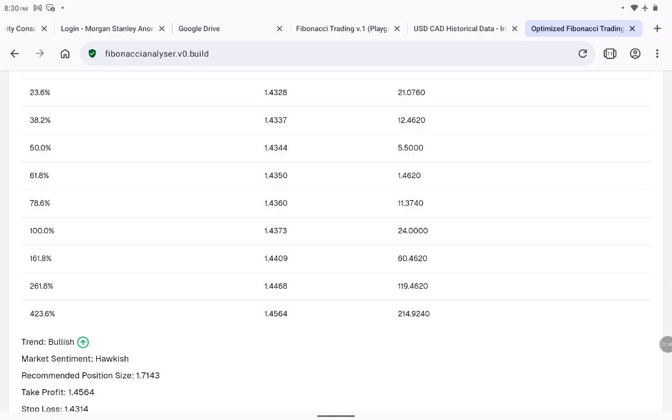So with the numbers from 78.6, I can then begin my analysis and see where exactly, if it's a good market. Obviously, right now Donald Trump is doing a lot of tariffs and deals with Canadian energy, so there's a lot of business going on there, and I'm sure that's why the USD is pumping a lot of money, and there's a lot of money circulating.